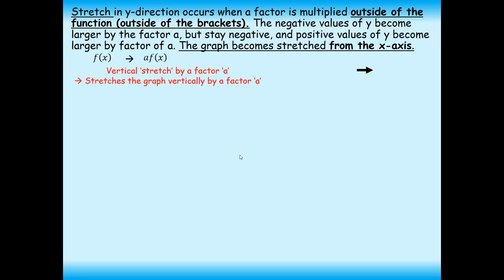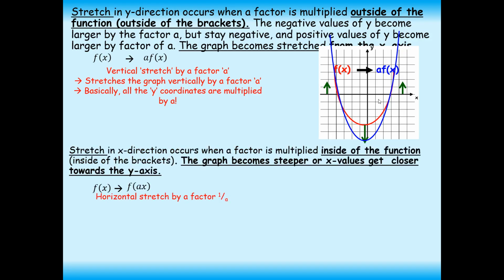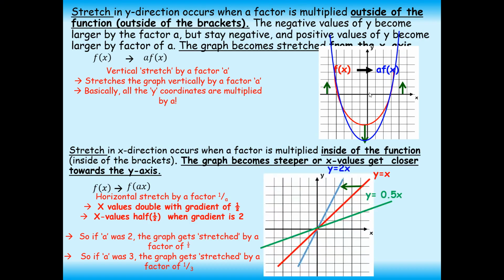Once again, I'm going through this very quickly. A value outside of the function stretches the graph in the y direction, and a value inside of the function actually affects the gradient of the graph. So if there is a half in front of the x inside of the function, it will actually double the original y values, and if it's a value of 2, it actually halves the x values.